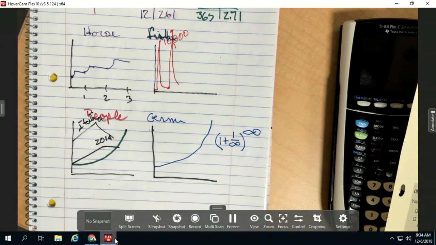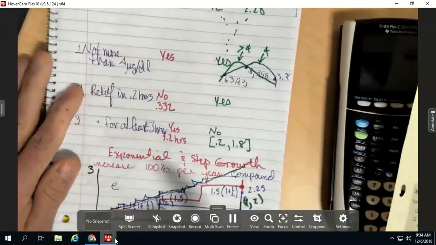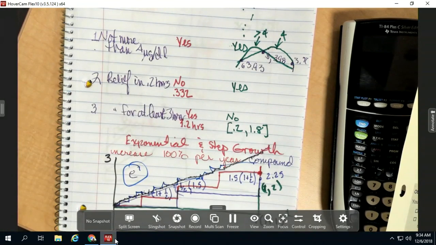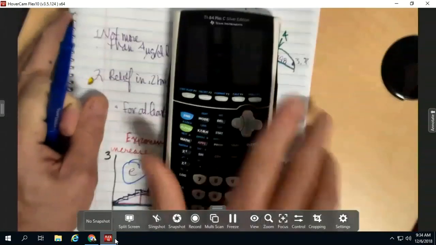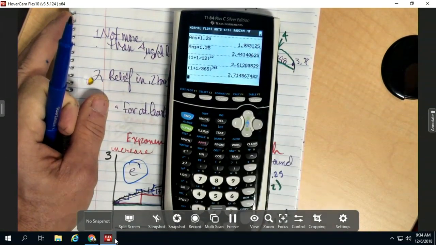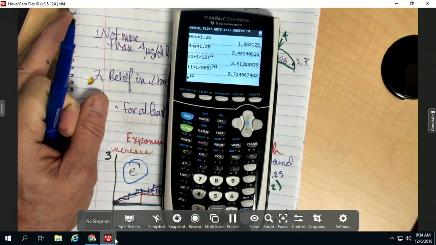Okay? Well, let's look back at the graph. On this graph, where did we end up with E? E to the first. Let's press it on our calculator and let's see where we get. So, clear, E to the first.